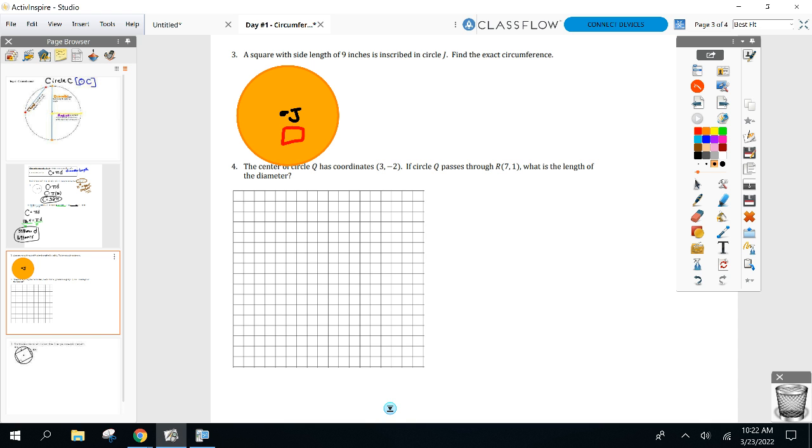It's inside. Is that good enough? No? What do I need to know about this square? These 4 vertices have to be where? On the circle. So draw yourself a square where the 4 vertices are touching the circle. That's what it means to be inscribed.